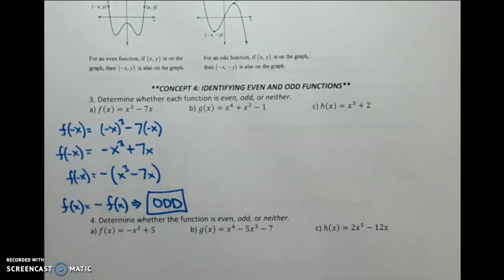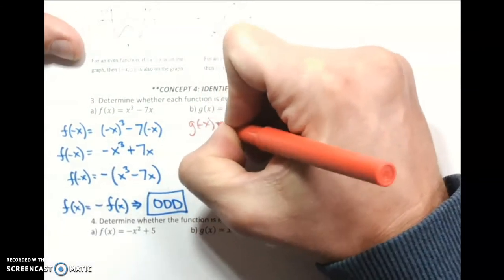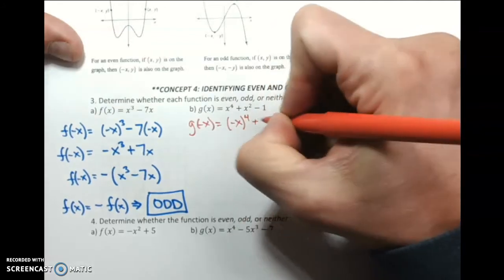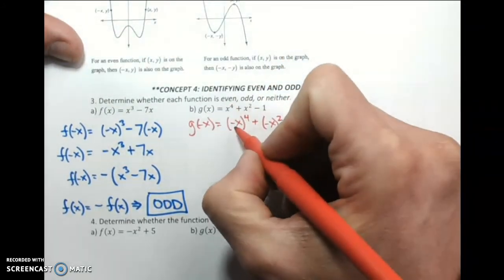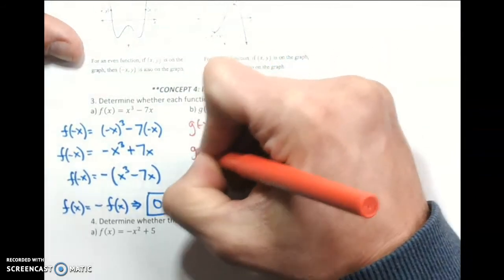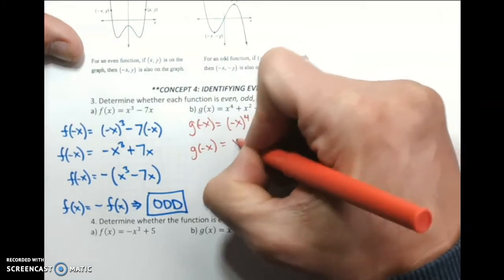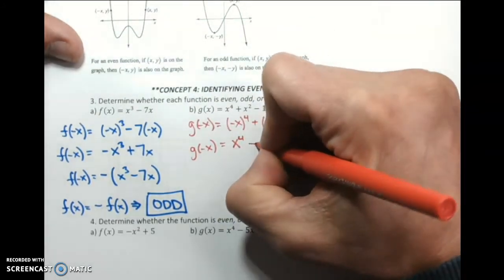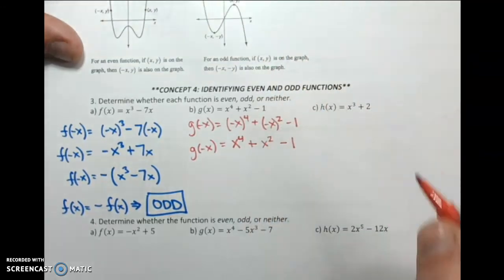Okay, next one. Same idea. G of the opposite of x equals the opposite of x to the 4th power plus the opposite of x squared minus 1. And negative x to the 4th power is going to cancel out that negative, so it's just x to the 4th power. Negative x squared cancels out that negative, so it's positive x squared, and then minus 1.